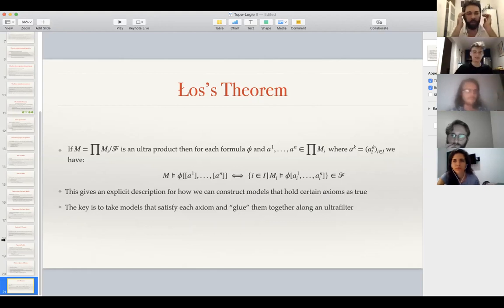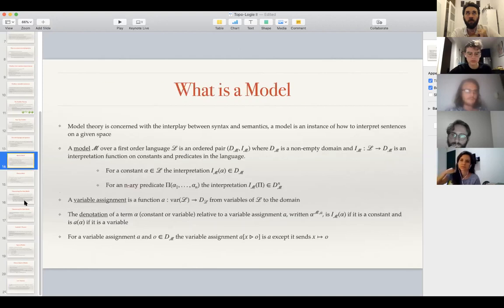One thing that I think is interesting to highlight is that one very central issue with these things is what you can express inside some space.